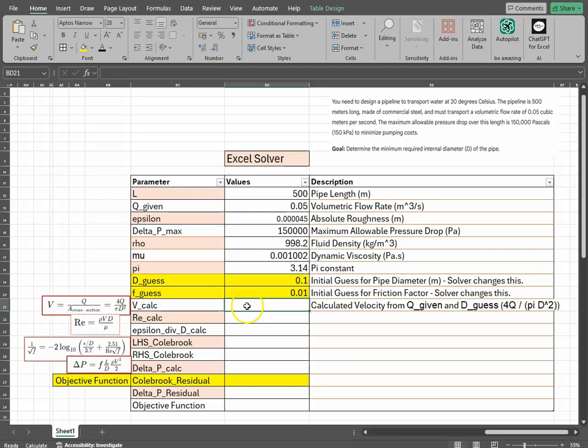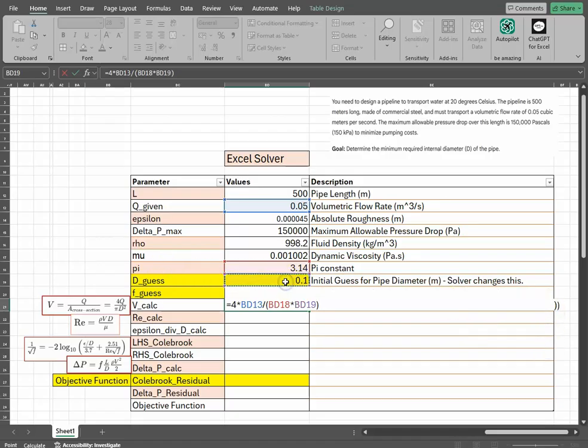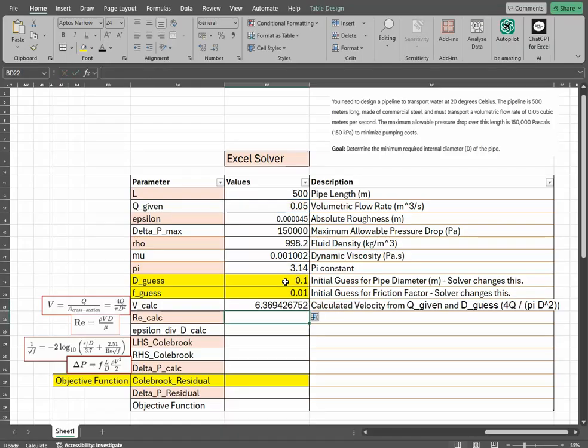So the velocity is 4 times Q, here 0.05, divided by pi times D squared, taking the bracket, with the D guess value squared. So we have calculated the velocity.